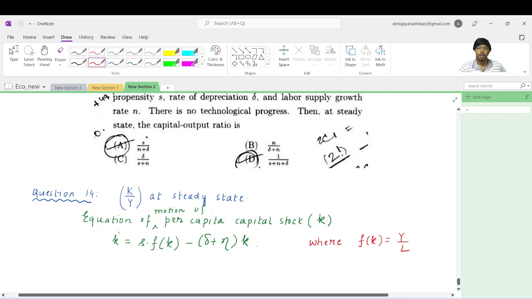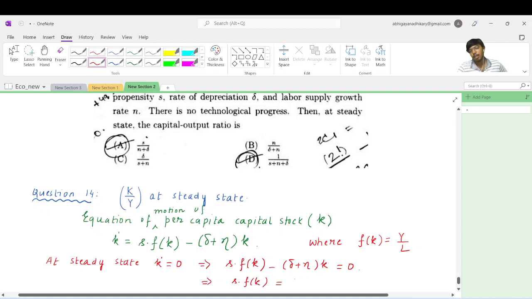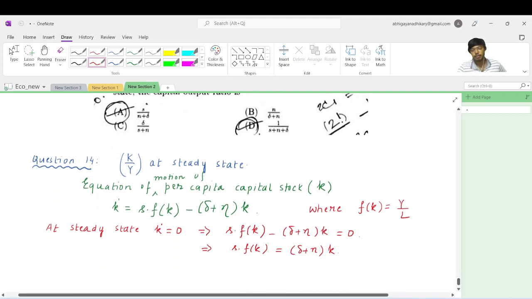This was the notation. What happens at steady state? For capital stock, growth is 0. So small k dot equals 0. So what do we have? S times f of k minus delta plus n times k equals 0. So S times f of k equals delta plus n times k. What is f of k?